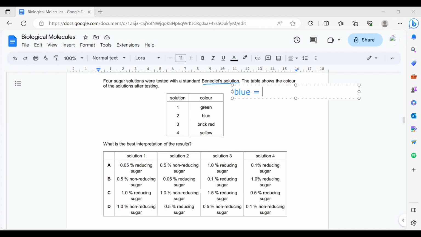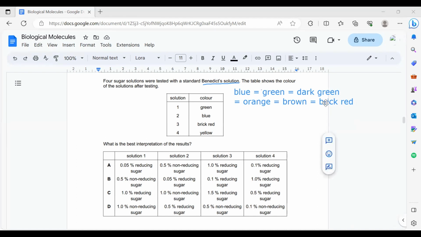If the reducing sugar is present, it changes from blue to green to dark green to orange to brown to brick red. So this is how the color progresses in a sample that contains reducing sugar. So what is the best interpretation of the results?